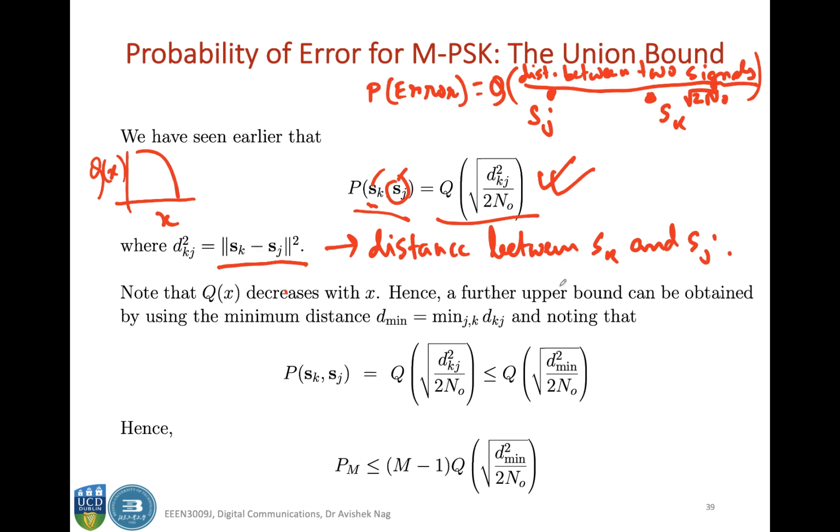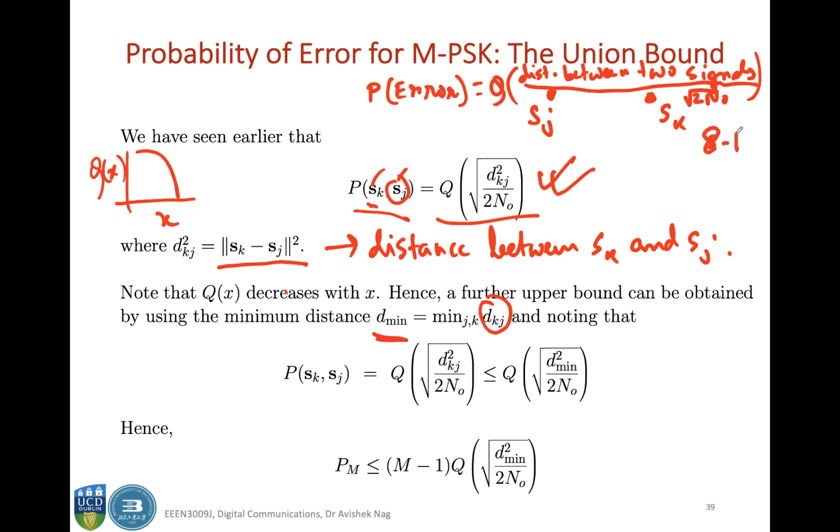So a further upper bound can be obtained by using the minimum distance d min, which is the minimum of all possible dkj's. Okay, so if you have, let's say, 8 signals, let's consider 8 PSK.